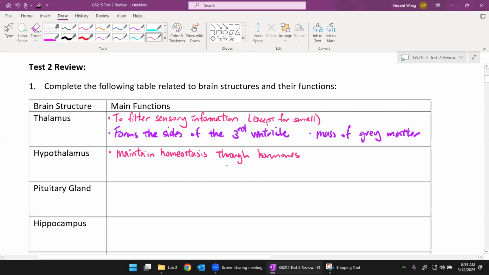And that's all we've learned. Okay, what kind of homeostasis are we talking about? Like, e.g., body temperature, water salt balance, and so on and so forth.